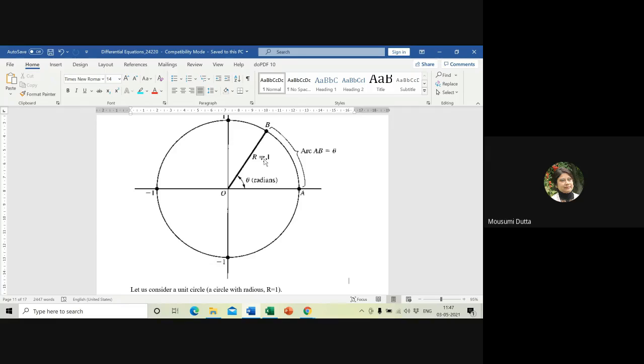That is also indicating the angle is changing from, say, pi by 2 to pi, or pi by 3 to pi by 2, then pi by 2 to pi, then say 2 pi, then say 2/3 pi, etc. So in this way, you can change the angle as well as the length of the time period or length of the arc.